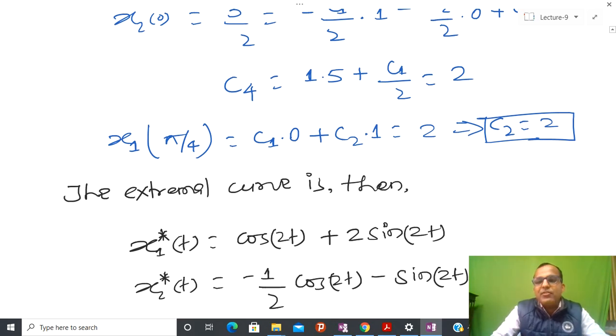So till now we continue with the calculus of variation, and calculus of variation is one of the most important areas of mathematics, where we talk about the optimization of some functional.